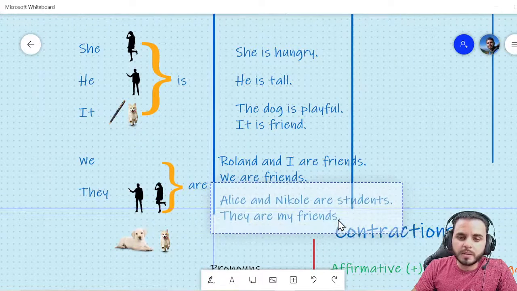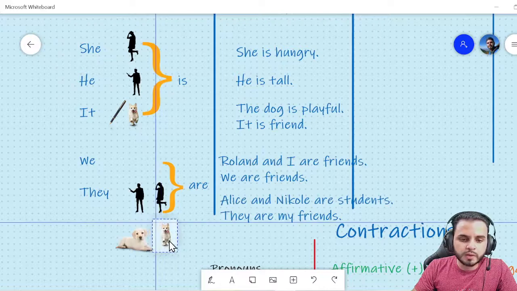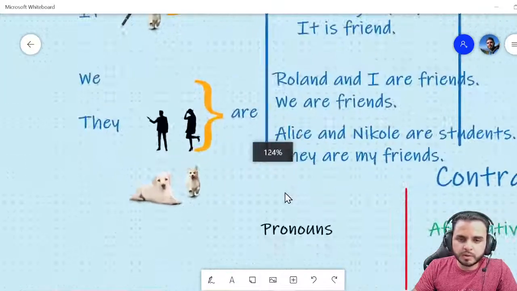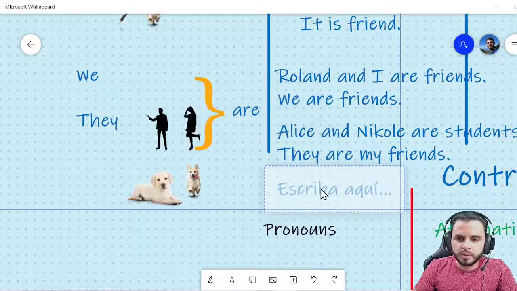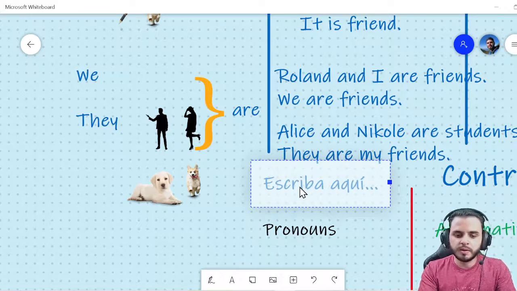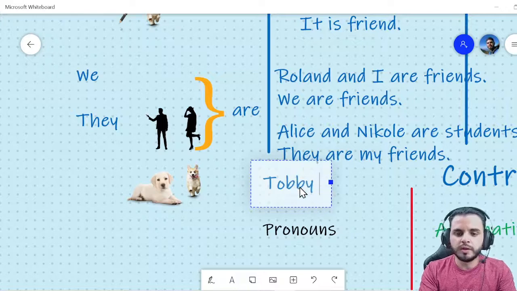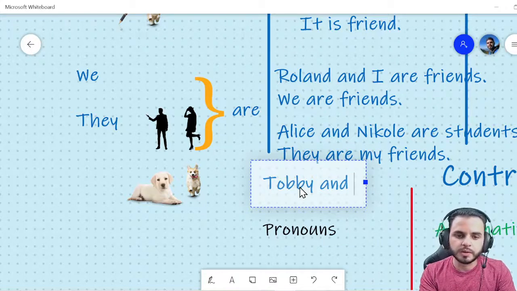And the same happens if I'm talking about, let's say, two pets. Maybe I have two pets and they are called Tavi and, what could it be?